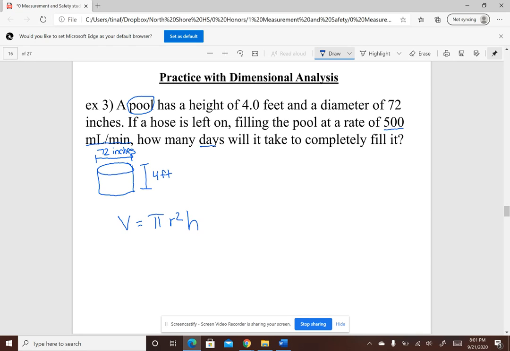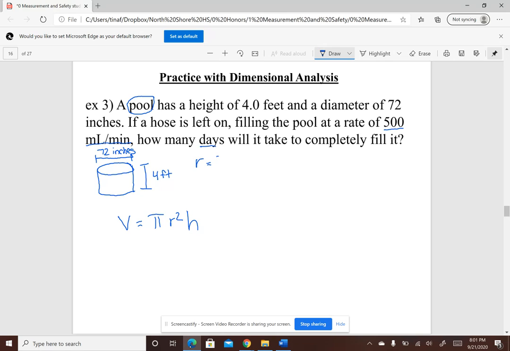I know that those units are the same size. So it would make sense for me to find the volume of my swimming pool in centimeters cubed, because then later I can just plug this conversion factor right in and solve for what they're asking me. Okay? So let's do the radius first.